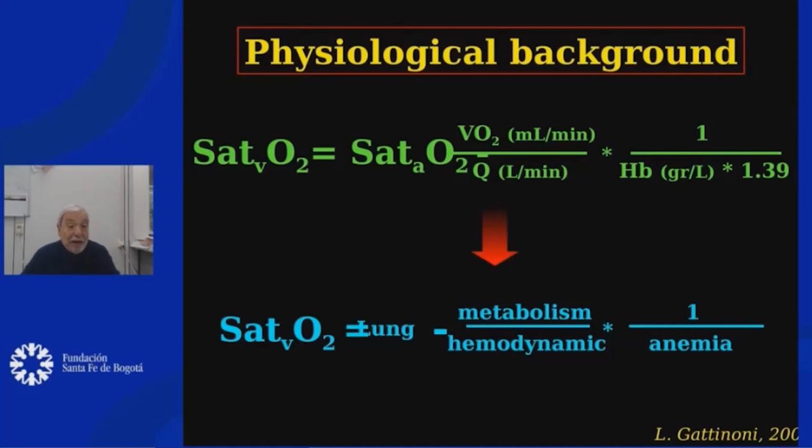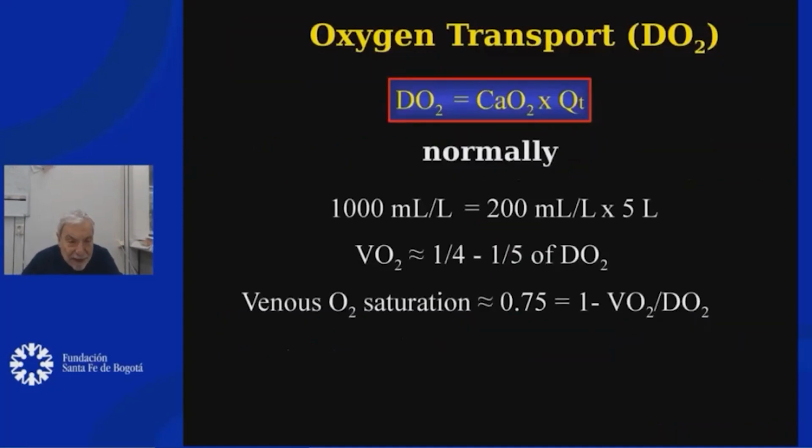You have hemoglobin, which may have some problem. So when you have a problem with the saturation, you know that either the lung, or the metabolism, or the hemodynamics, or the transporter, there is something wrong in the system.